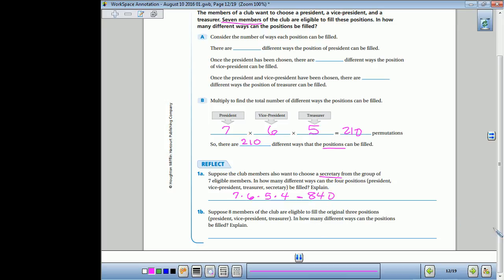Okay? Now, the next one said, well, we got an extra member. Now we're up to 8 members. And we're back down to the 3 positions. President, vice president, and treasurer. Now how many different ways? What would that be? Okay, so you don't have a calculator. 7 times 6? 42. 42 times 8.